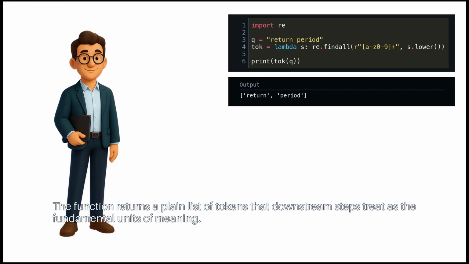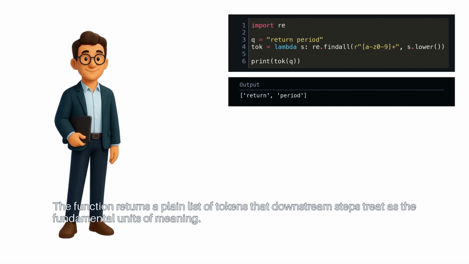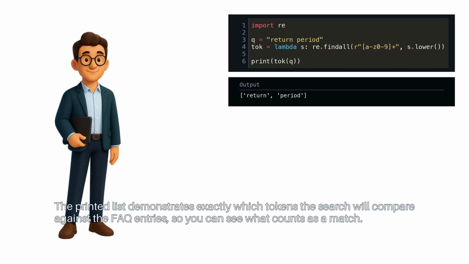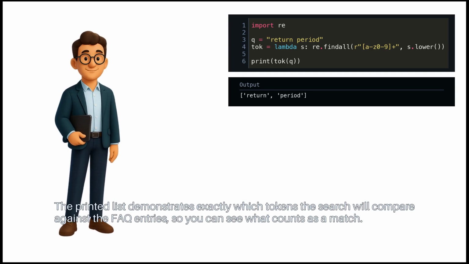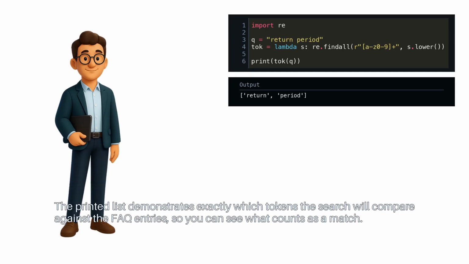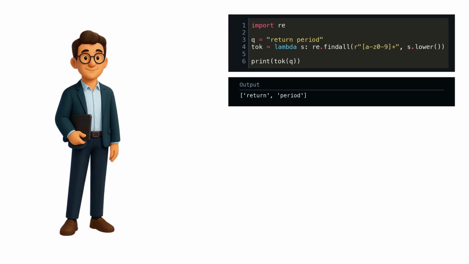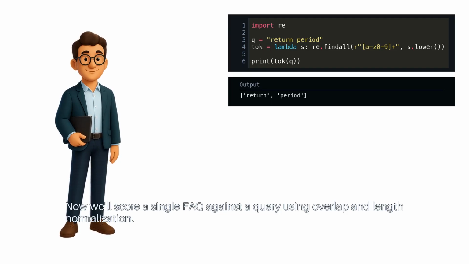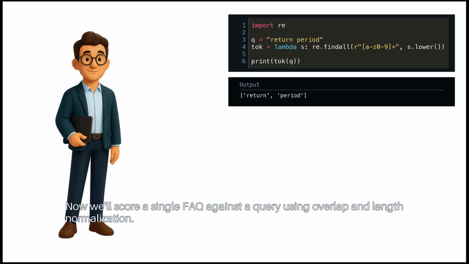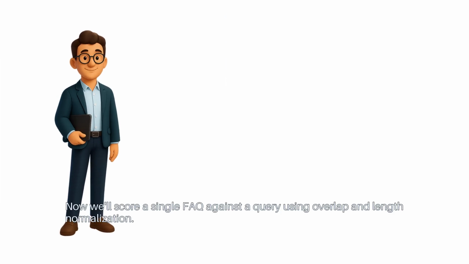The function returns a plain list of tokens that downstream steps treat as the fundamental units of meaning. The printed list demonstrates exactly which tokens the search will compare against the FAQ entries, so you can see what counts as a match. Now we'll score a single FAQ against a query using overlap and length normalization.